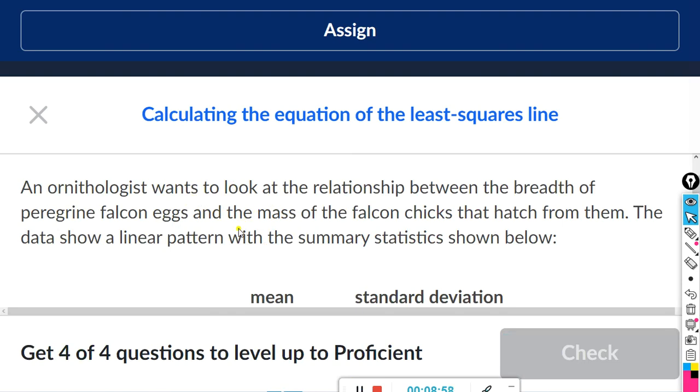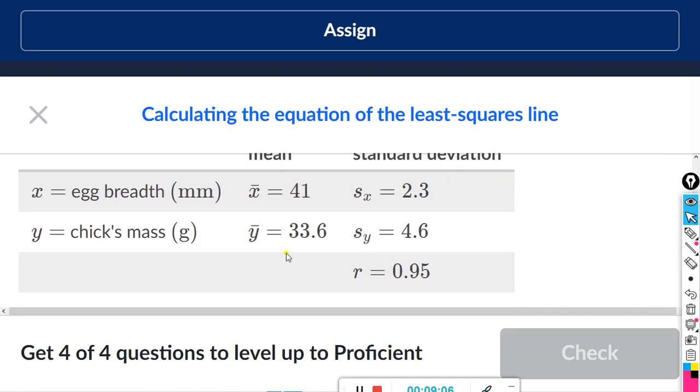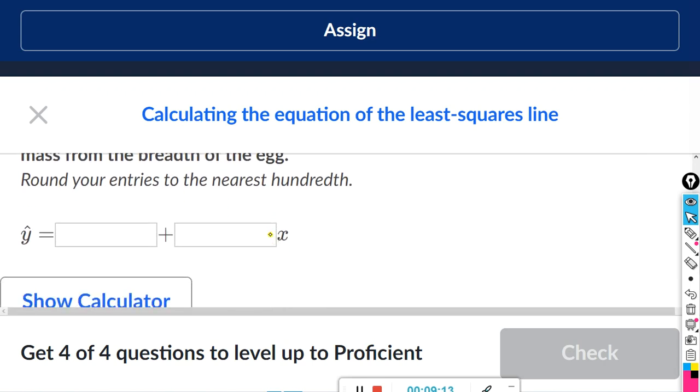Okay, so I'm pretty sure for all of these, you don't need to read the write-up. They give you the mean and standard deviation and correlation coefficient, and you just need to write the line equation and round to the nearest hundredth. So remember our line equation.